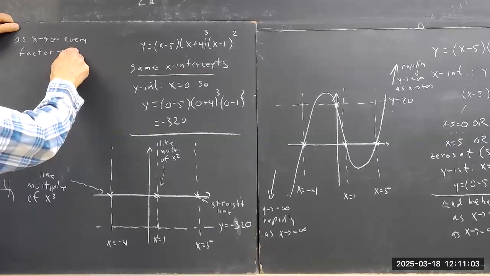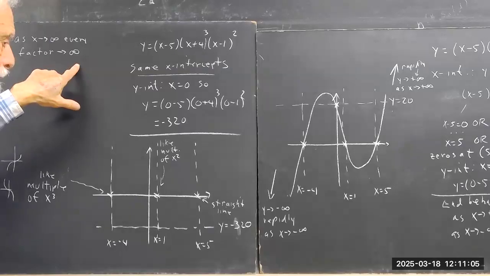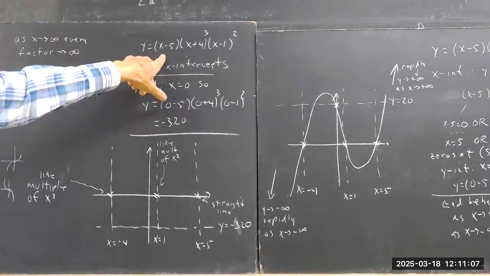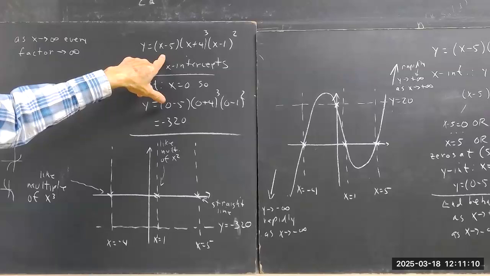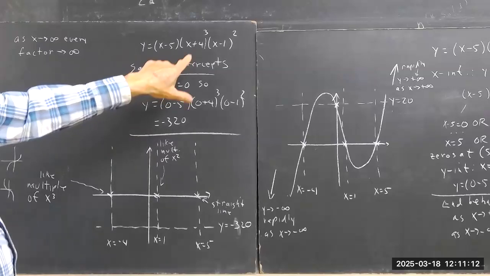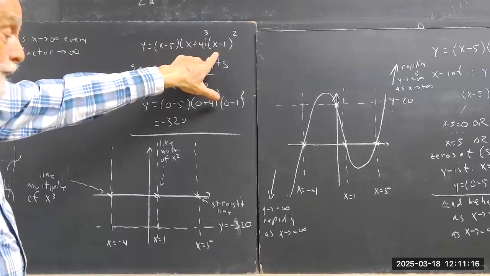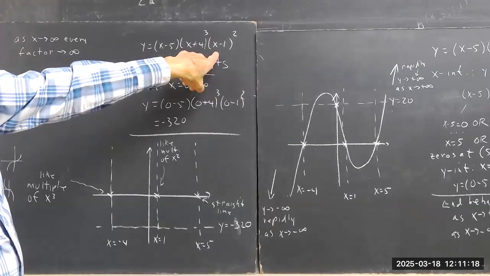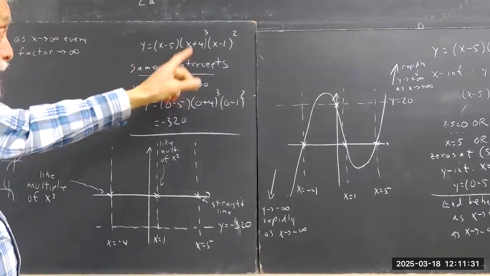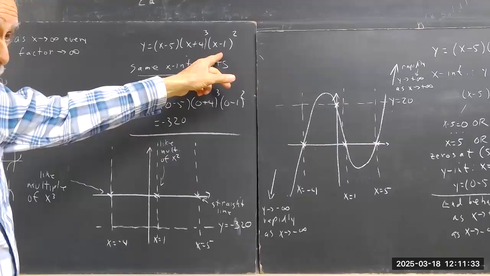Now, as x goes to infinity, every factor goes to infinity. In other words, x minus 5, if x is really big, is going to be positive, right? If x is really big, x plus 4 is going to be really big positive. Big positive numbers, 3 of these, 2 of these.